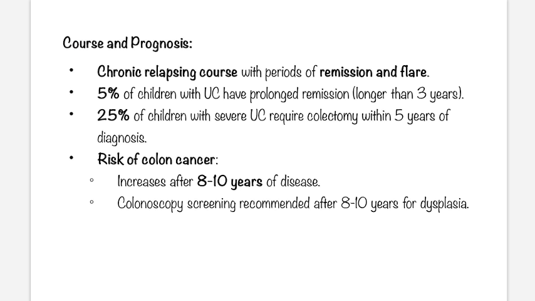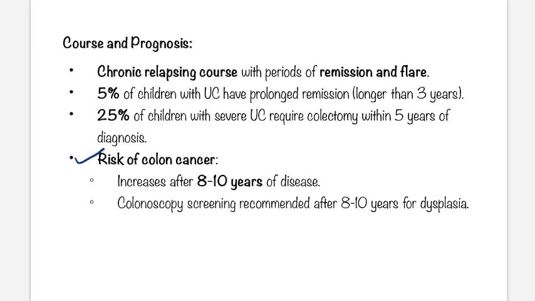Okay, so what is the course and prognosis of ulcerative colitis? Chronic relapsing course with periods of remission and flare. This is obviously a chronic disease. 5% of children with UC have prolonged remission longer than 3 years, and 25% of children will require colectomy within 5 years of diagnosis. Is there any risk factor for colon cancer?